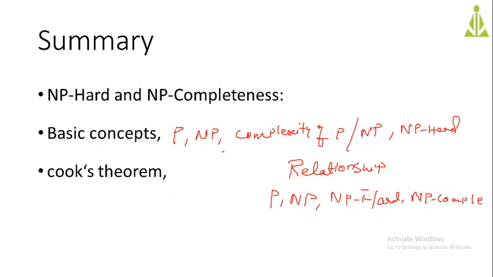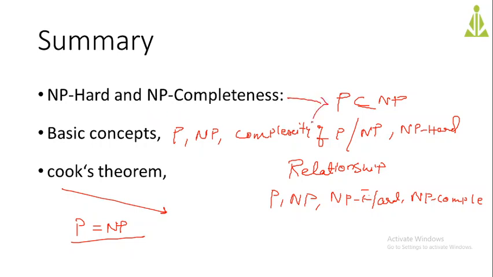What are we telling here? We are telling here P is a subset of NP. But when you come to Cook's theorem, what are we telling? P is equal to NP. When you come to the basic concept, P is a subset of NP.